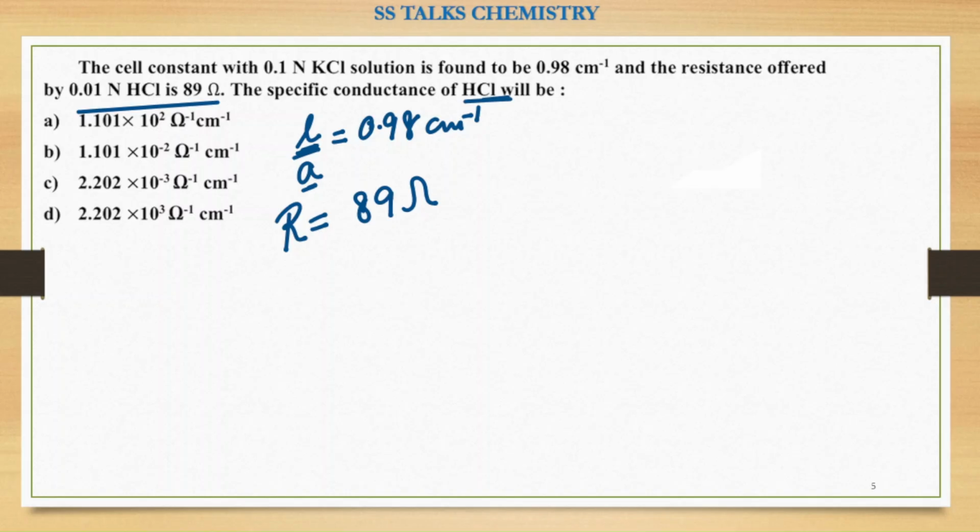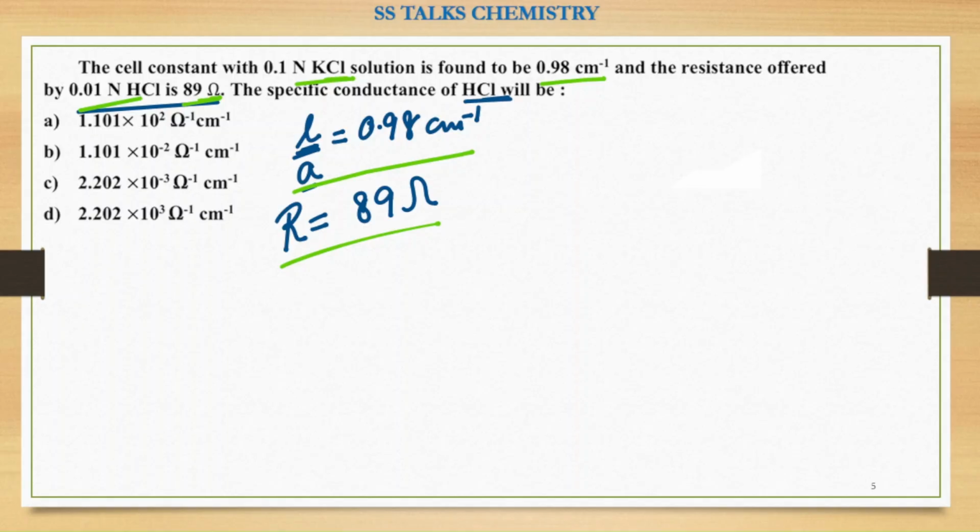Now, in the same cell where you are carrying out the experiment, the length to area ratio, which is your cell constant, is going to remain the same. Initially they took KCl and using that they measured this cell constant value. Now they are taking the HCl solution. For this, the resistance value is given to us. The concentration and the solution are different, but the resistance offered in that case is this much.